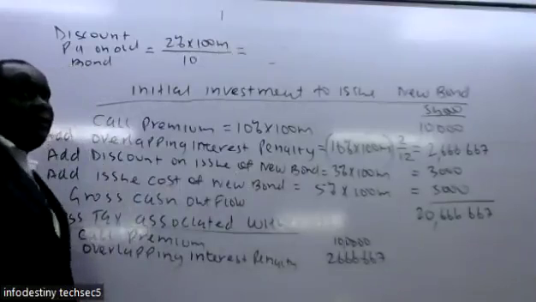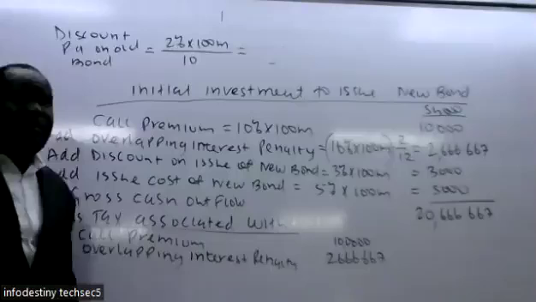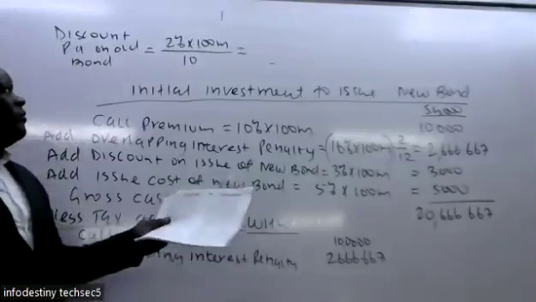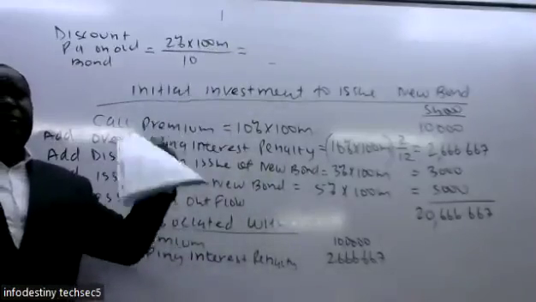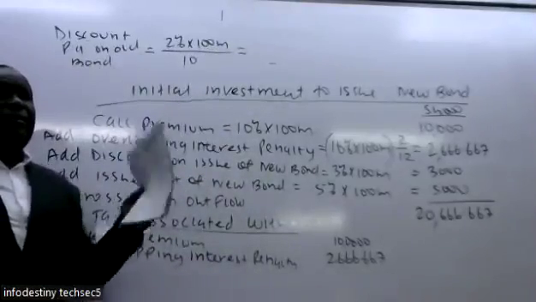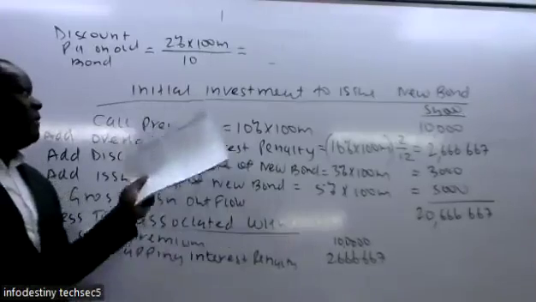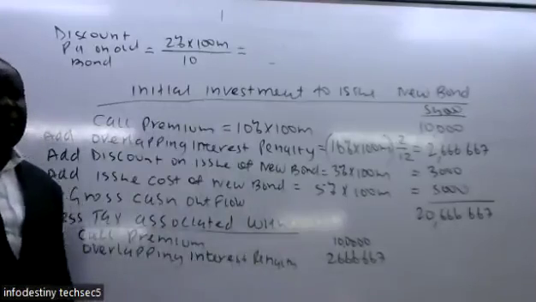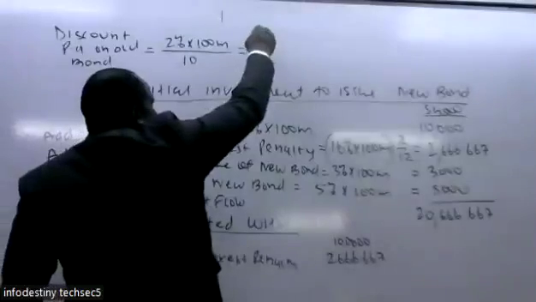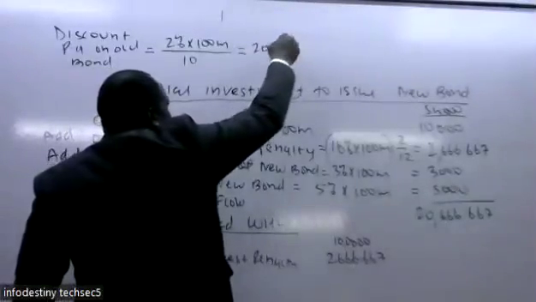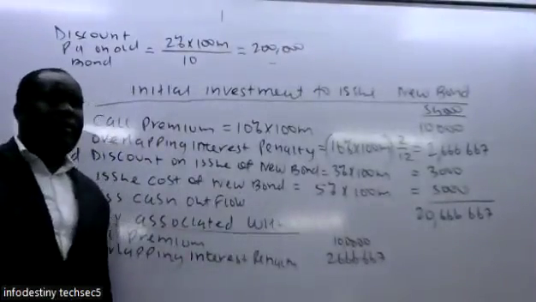The total discount on the old bond is 2% of the par value, but we want per annum. So divide by 10 years, and it will give you 200,000.